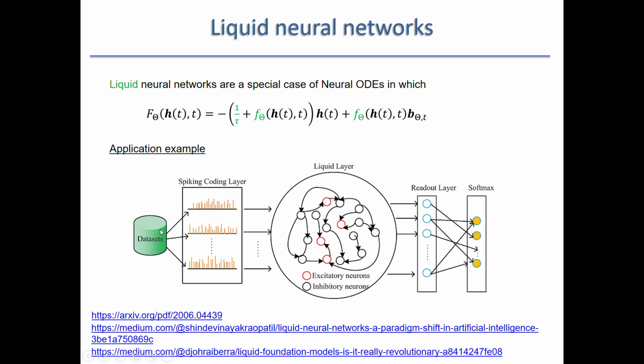They have been used to model brain networks, so neural networks coming from the brain, and these terms f have an interpretation in terms of excitation, inhibition, and so on. So it is a special case of these neural ordinary differential equations in which the update of the state is done in this way.